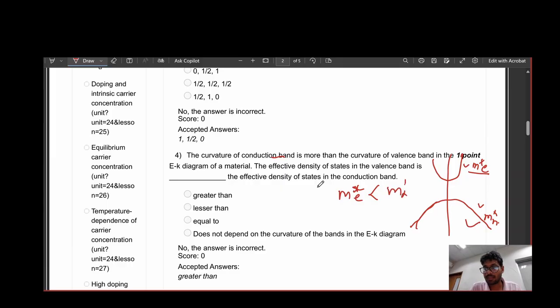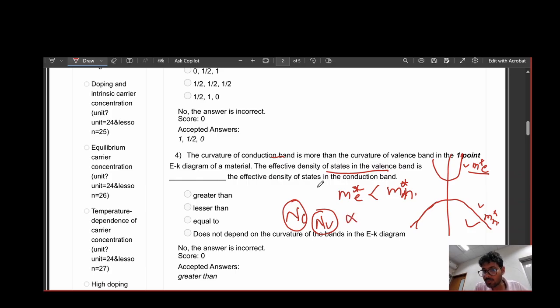One more thing, the effective density of states is being asked. The effective density of states is Nc in the conduction band and Nv in the valence band.